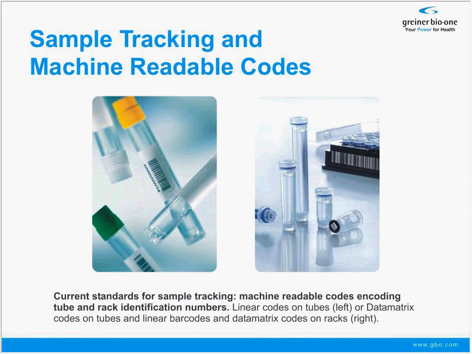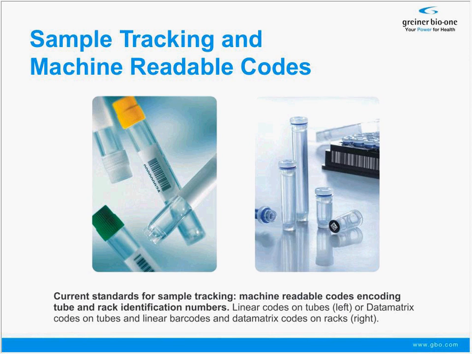In the last chapter of my presentation, I want to briefly talk about machine-readable codes that can be used for tracking of samples, and as the title suggests, since they are machine-readable, they allow for automation and error-proof identification of individual tubes. You see two examples here. On the left-hand side, a 4 milliliter cryotube with a linear barcode.